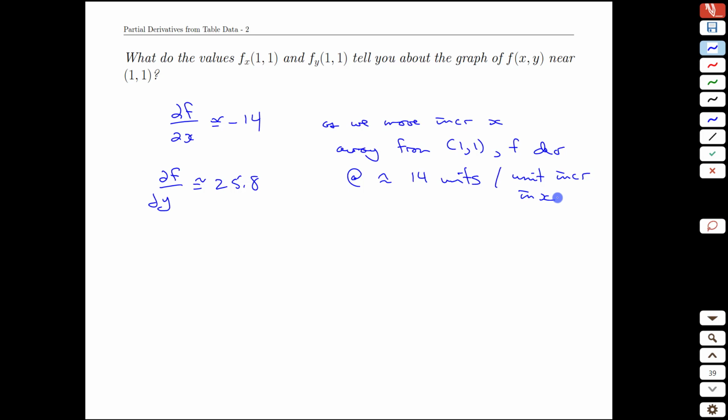Without actual units in the scenario, that's the best way we can capture that statement.